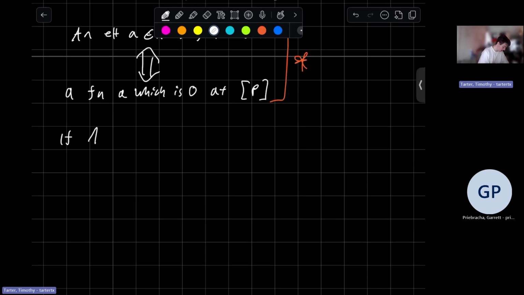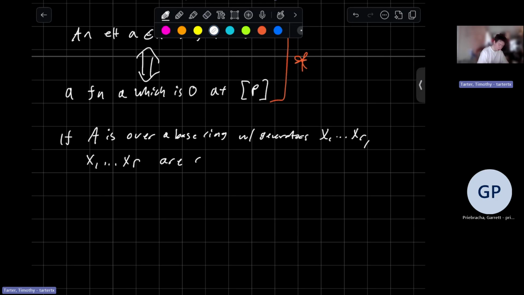So if A is a polynomial ring over a base ring A, with generators x1 through xr, then x1 to xr are coordinates on our space.